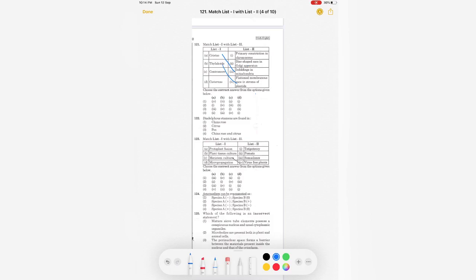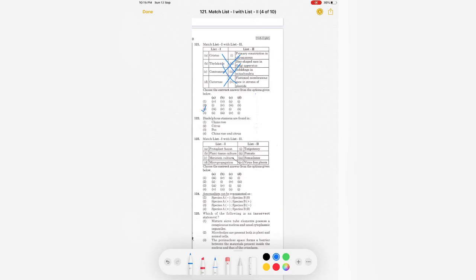These are disc-shaped structures. These are present in the stroma of plastids. Centromere. Centromere is a primary constriction in the chromosome. Cisternae are disc-shaped sacs in Golgi apparatus. So for the question number 121, the correct answer is option 3.